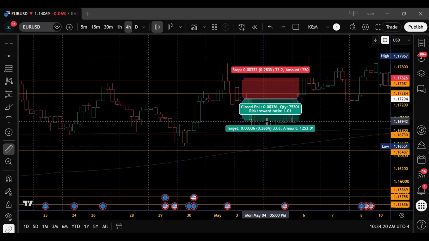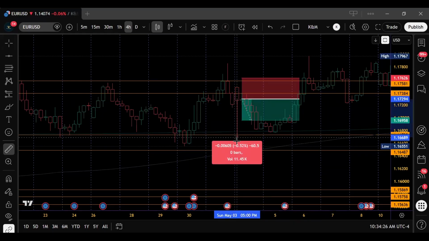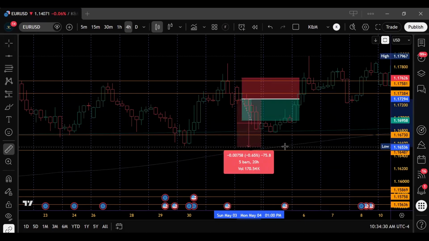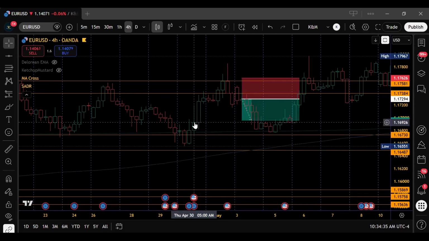Now, this is 33 pips, so we good to go, 20, 30 pips. But if I wanted to measure out the rest, I can just come in here and use the measuring tool. That would have been 80 pips if I wanted to go for the bottom of this trade zone. And you would just mark that up and set your TPs, set alerts for them, whatever you need to do.